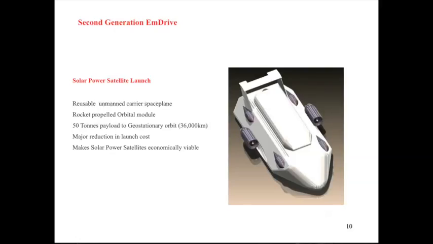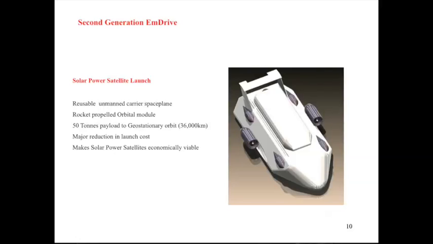And once it's at the altitude, then you'll use a conventional rocket to accelerate you up to orbital velocity. Now, because you're obviously accelerating in vacuum by then, you're at 36,000 kilometers, clearly it's a very efficient way of getting orbital velocity.